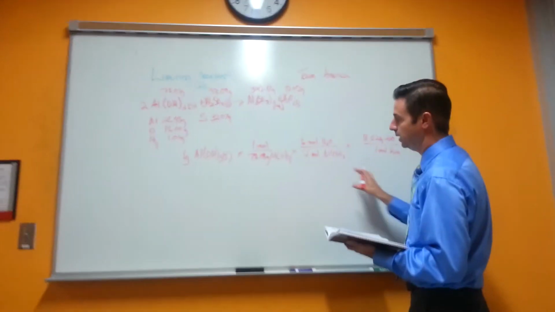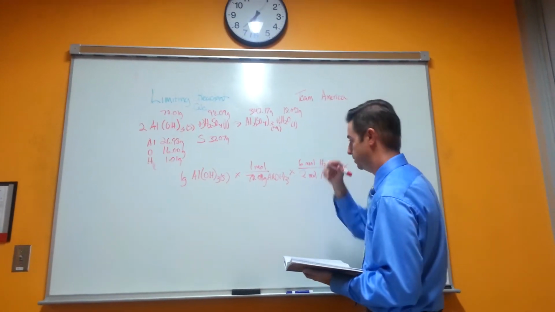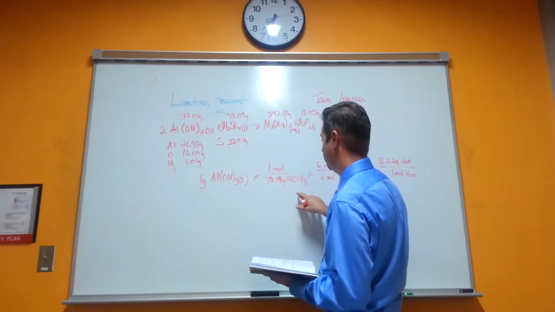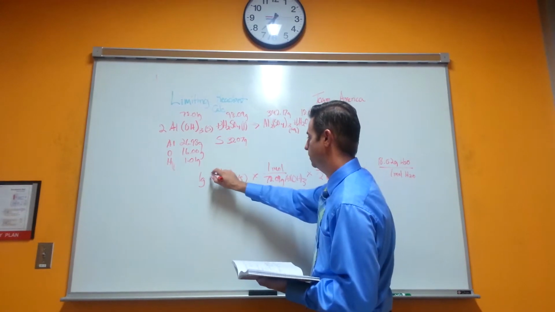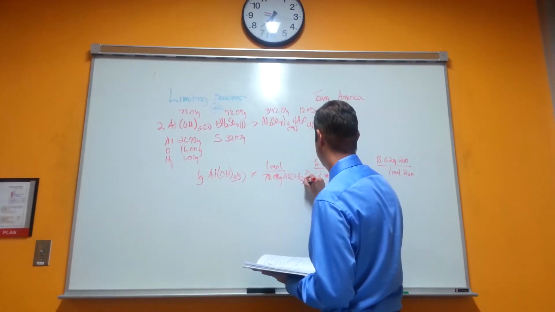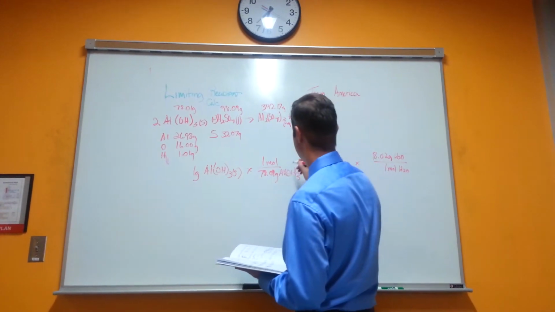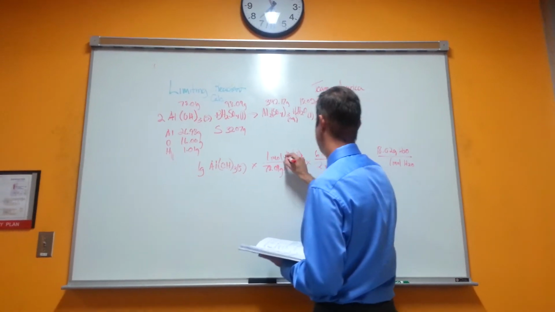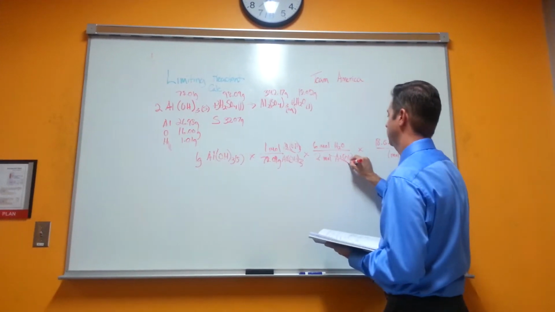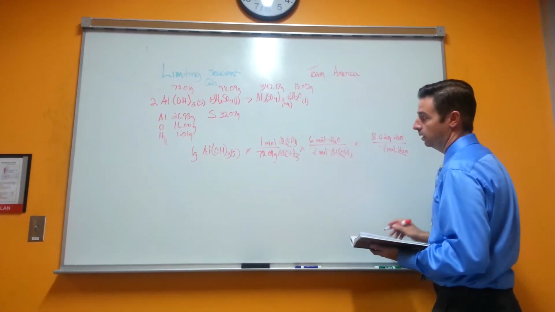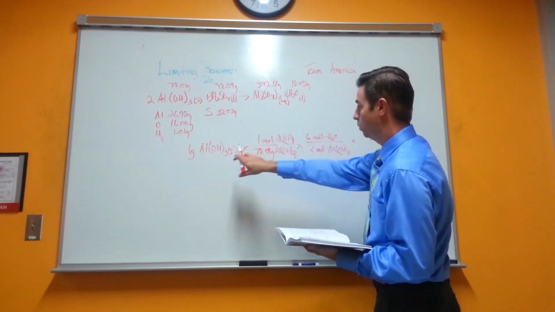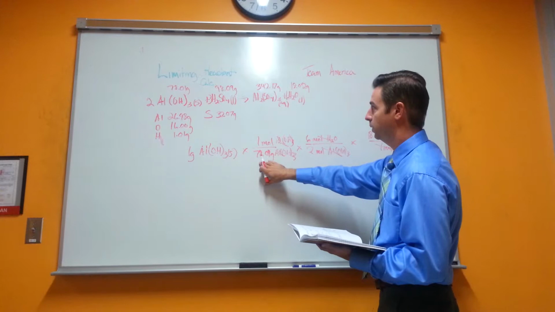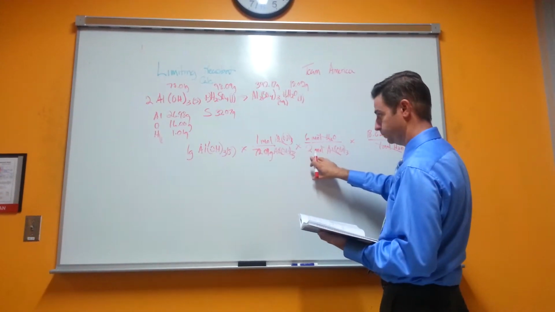equals 1 mole of H2O. Right? So now that we have that all laid out, we can start to eliminate units. In this formula right now, we know that we can eliminate the gram to the gram, right? And then, sorry, this is 1 mole of AlOH3. I can eliminate mole to mole, and I can eliminate mole to mole here, right? Then we do the math, right? 1 times 1 times 6 times 18 divided by 78.01 times 2, right?